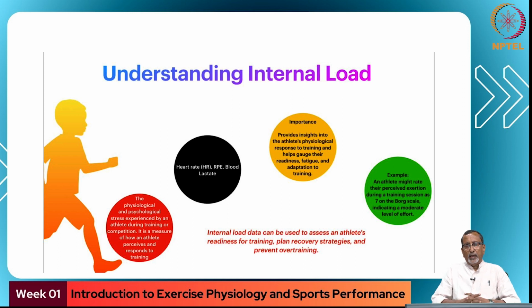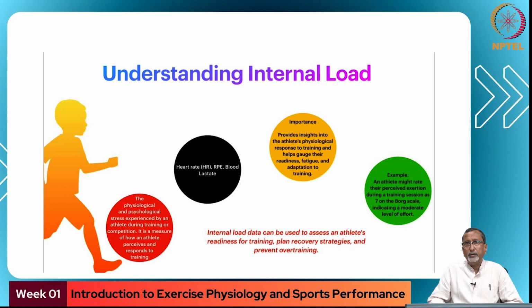So let us try to understand what we mean by internal load and external load. When we do exercise, certain kinds of stress are imposed on the physiological system, and there are certain parameters which can measure those stresses.